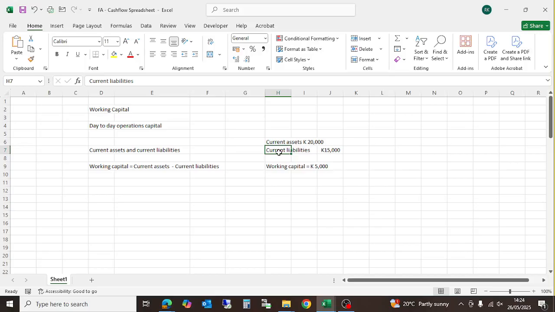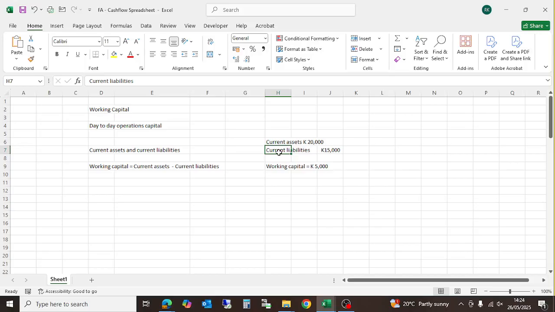And then current liabilities, we are talking about things like accounts payable, bank overdrafts, short-term loans, or accrued expenses. We are looking at all short-term liabilities, excluding the non-current, long-term liabilities. So we get our short-term assets and our short-term liabilities, and we find the difference, and the difference is our working capital, our operational capital.